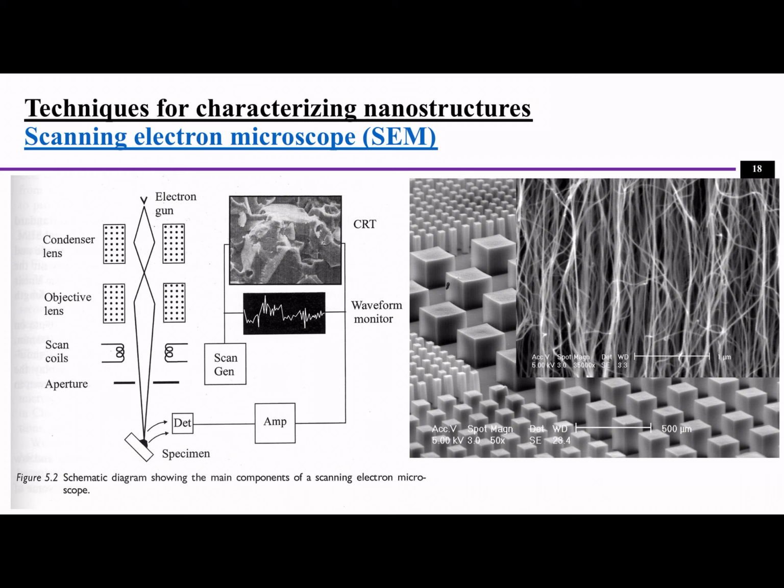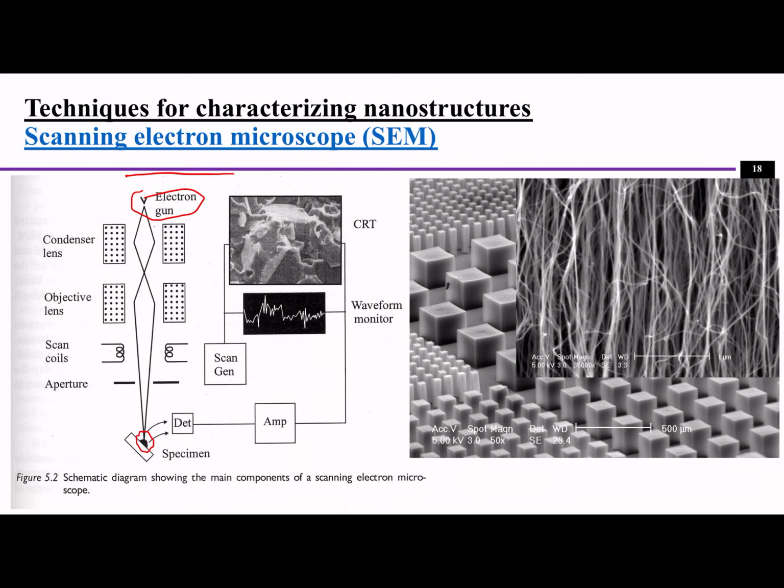Well, another group of technologies uses a different method. They are not using optical methods, they are using electron methods. The electron method means we give a beam of electrons from the electron gun, and then shoot the electrons at the specimen.